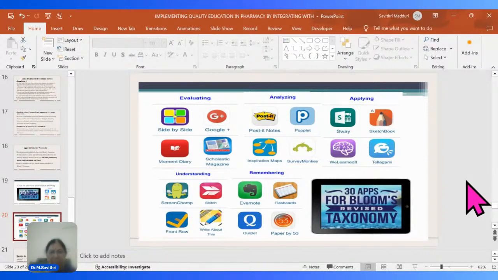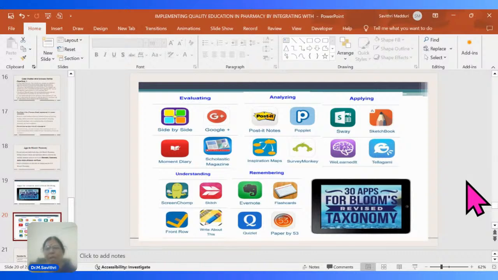These are the apps which are readily available, and these apps are used for evaluating in our regular work. And for analyzing, post-it notes, Pocket, inspiration maps, Survey Monkey. These apps are used for analyzing.